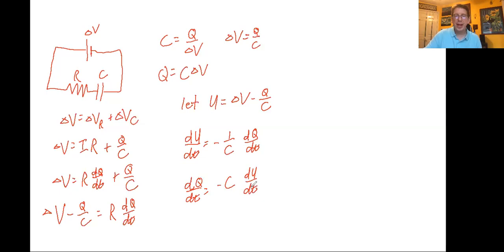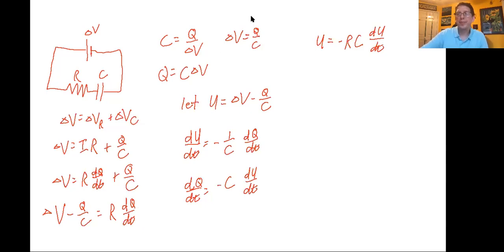So now let's plug this into the equation. So we have U being equal to R times dQ over dt. So we have negative RC dU over dt, just putting in this value of dQ over dt in here.